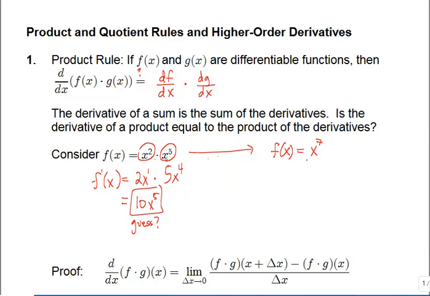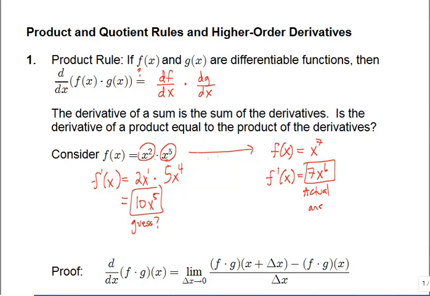We also know what the derivative of x to the seventh is by a known rule, our power rule, which we've already proven, and that becomes 7x to the sixth when you bring down the power and subtract 1 from the exponent. So here's what the actual answer is.